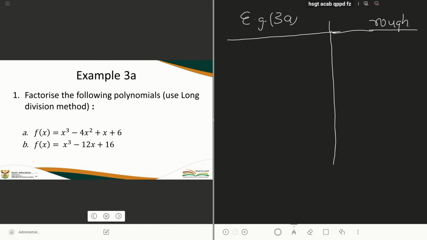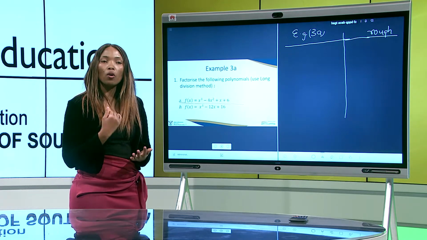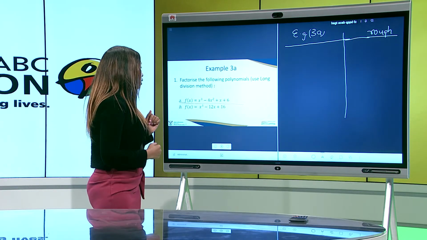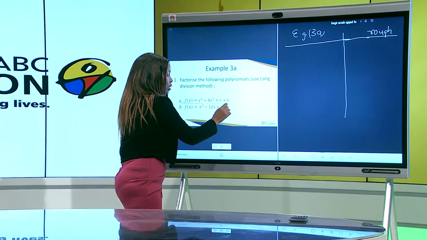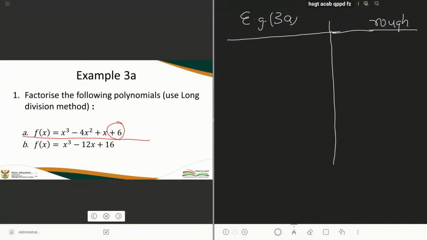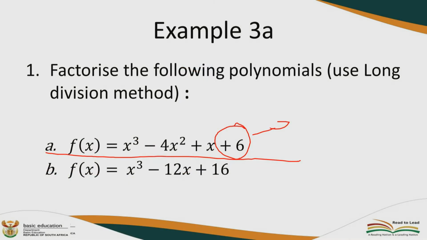Now, let's look at the first equation. In A, remember we said we need to find all the possible factors of our constant term. What is our constant term here? Our constant term is plus 6, or positive 6. So what are the factors of this positive 6? Remember, from grade 9, a factor is a number that can divide exactly into another number without leaving any remainder.